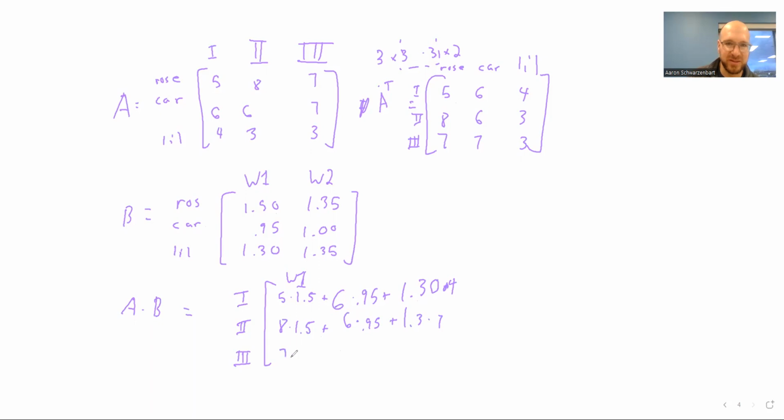And then we do row 3, 7 times 1.5 plus 7 times 0.95. So again, I'm multiplying row 3 times column 1, plus 3 times 1.30. And when I total that, that'll give me the cost for wholesaler 1. Wholesaler 2, I'm now doing row 1 times column 2.